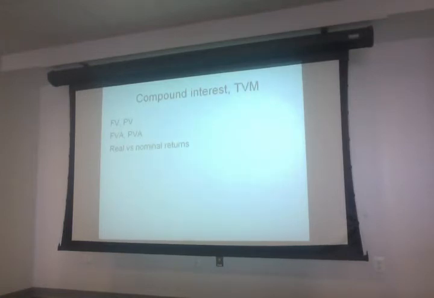So in that case, if we're working on a 30-year mortgage with monthly payments, how many payments do we have in a 30-year mortgage? All right, 360. 12 months per year times 30 years, 360 payments.